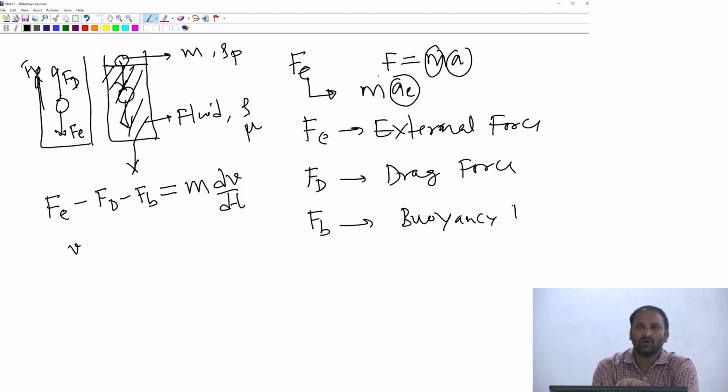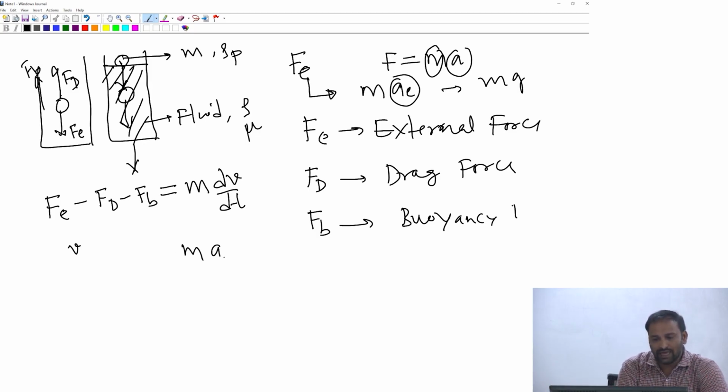That Ae would depend on the type of external force that you're considering. If you consider gravity, it's going to be m times g, right? And if you consider the centrifugal force, it could be something else. Therefore, I could write m times Ae, that is your external force, minus Fd.